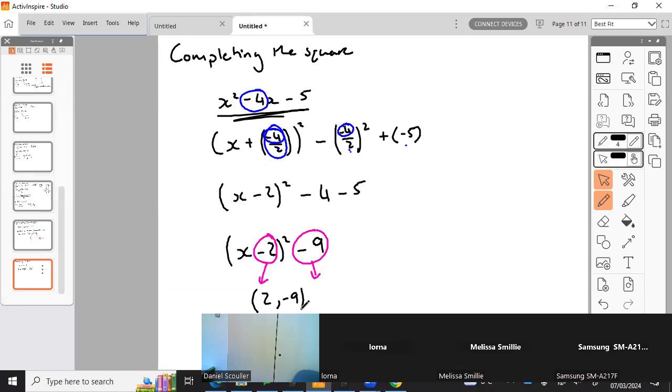So it'll be 2, -9 will be our turning point. All right. So the sign changes for our x term. Okay, so just be aware of that. The sign changes. All right, just to throw a spanner in the works and confuse you.